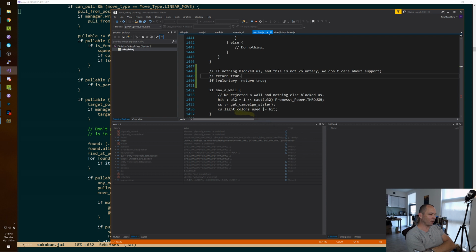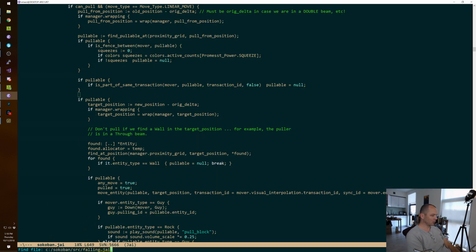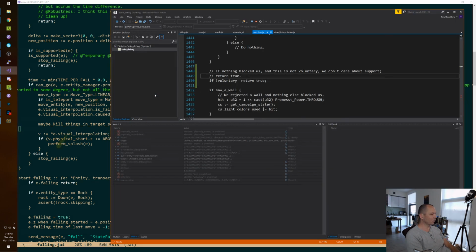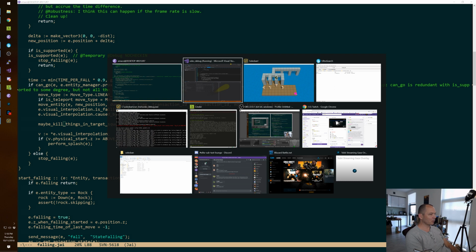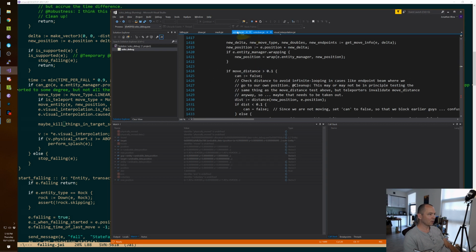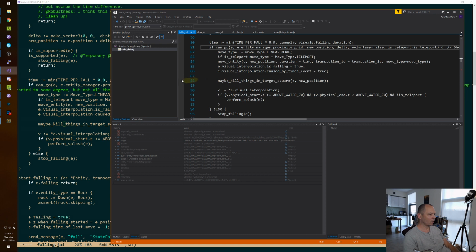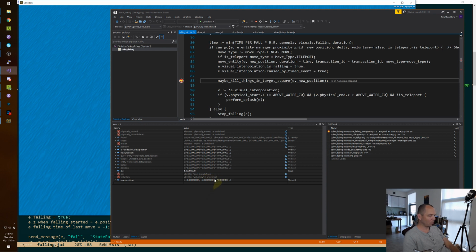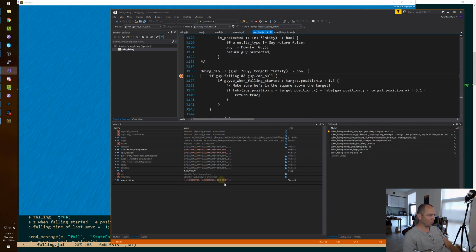This is bothering me. I feel like I deleted a whole thing or something. Is it in falling? Maybe kill things in target square. That's what it was. Well, it's right there. Okay, so new position 2, there's nobody there. 1, there's nobody there.